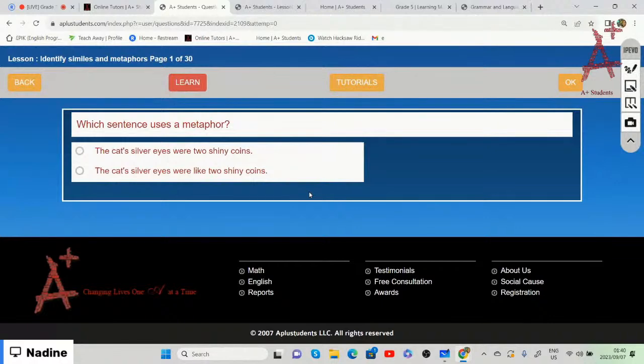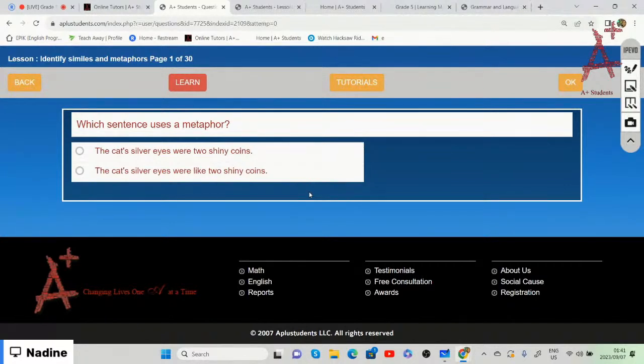If we look at the two sentences: the cat's silver eyes are two shiny coins, and the other option is the cat's silver eyes were like two shiny coins.